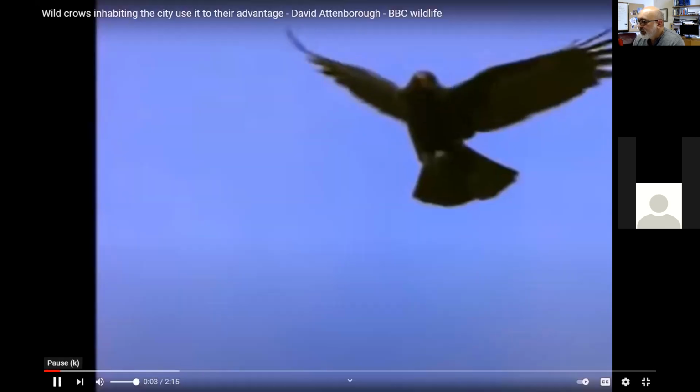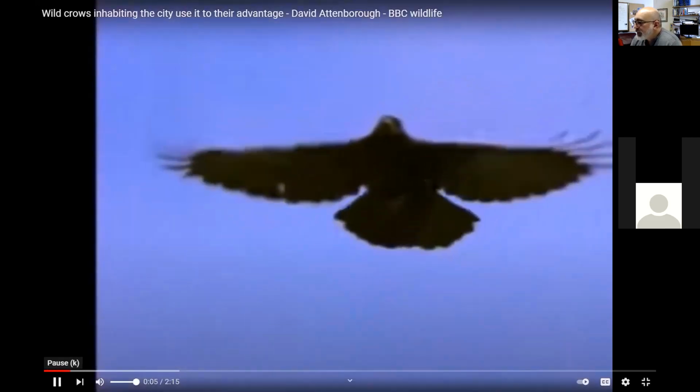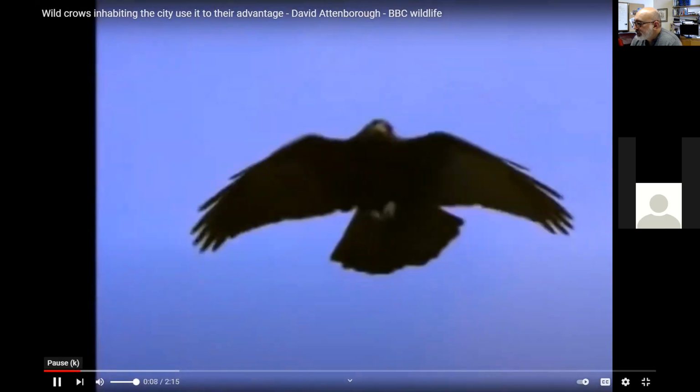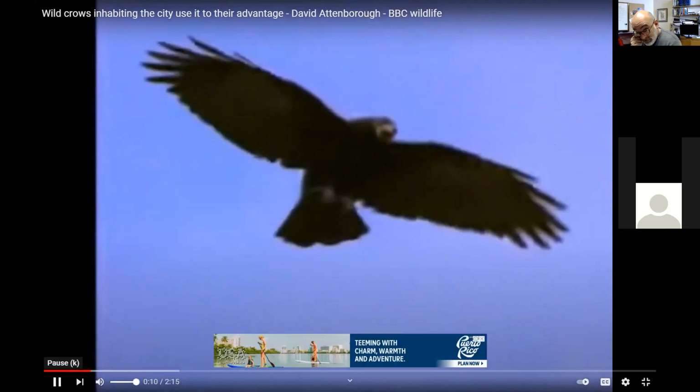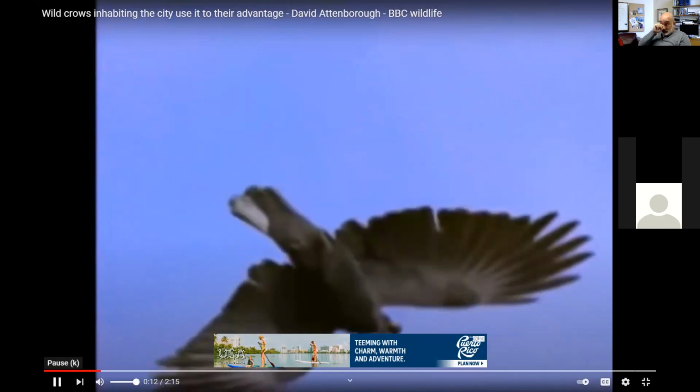Crows have become highly skilled at making a living in these new urban environments. In this Japanese city, they have devised a way of eating a food that normally they can't manage.